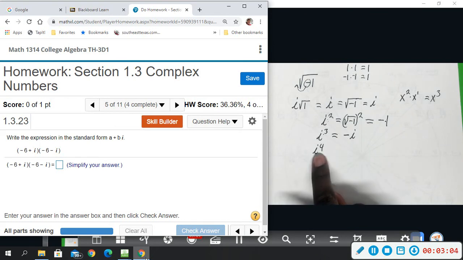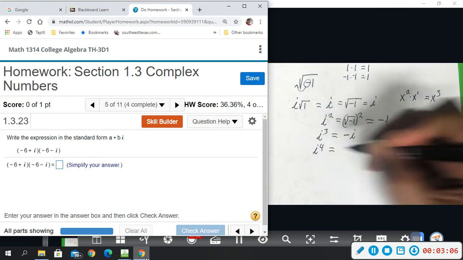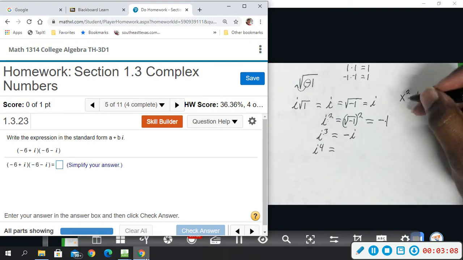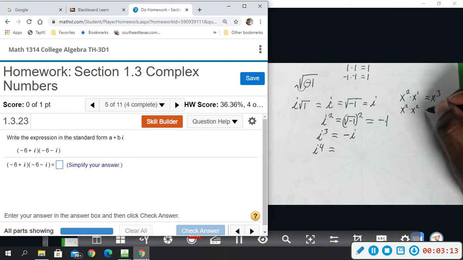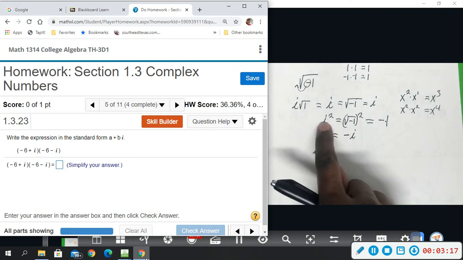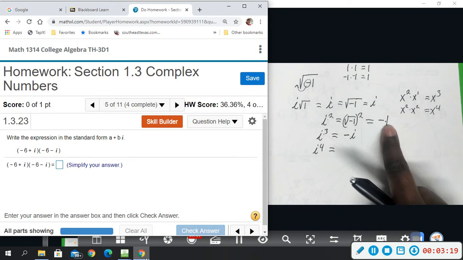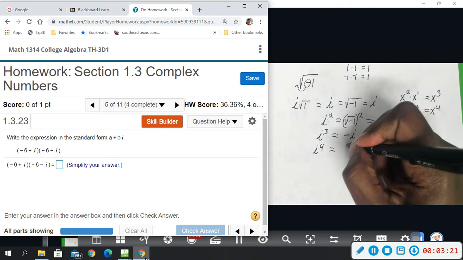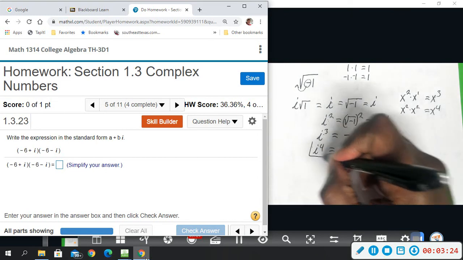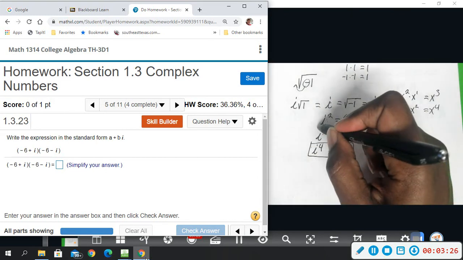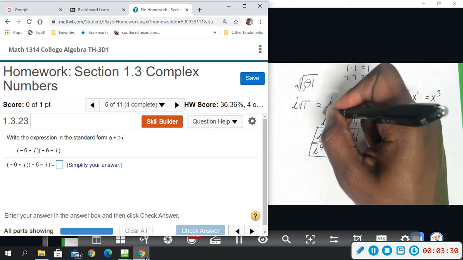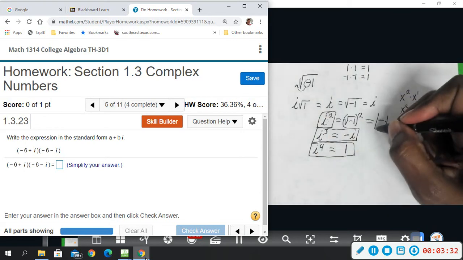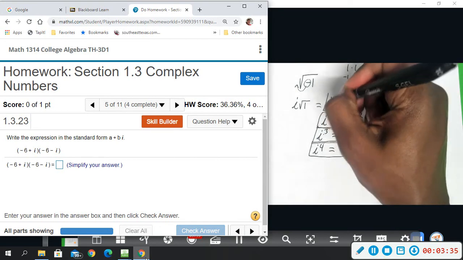And then I to the 4th, you can think about that as like x squared times x squared, which is x to the 4th. So I squared times I squared, or -1 times -1, will just give you a +1. So these are the 4 stages, the 4 iterations of I. This is I squared, is this, and then it's just I, like you don't need that -1.